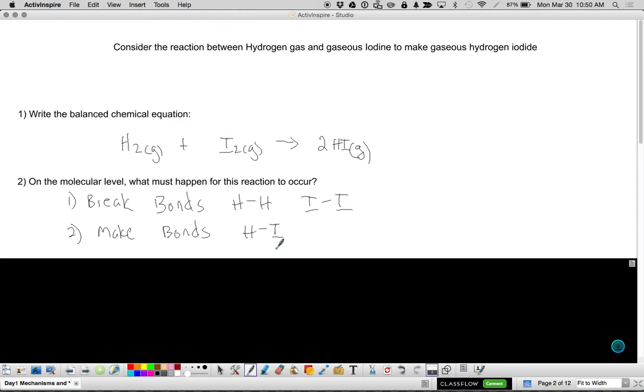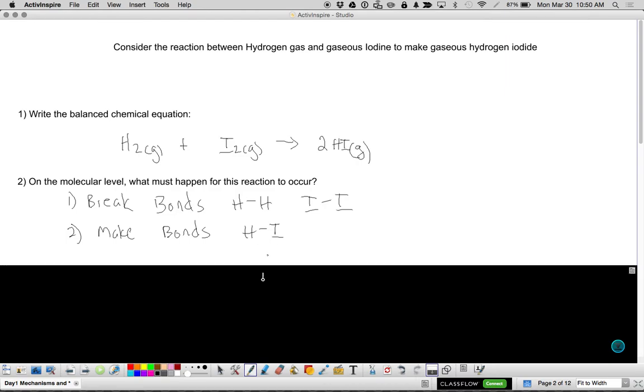Now, the one that's actually a little tricky is probably the most obvious of all of them, which is why nobody thinks of it. Okay, think about it this way. If I have my hydrogen molecule on one end of the classroom and iodine on the other end of the classroom, are these two things going to interact? Well, no, of course not. They're too far away.